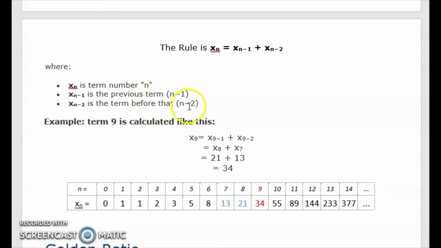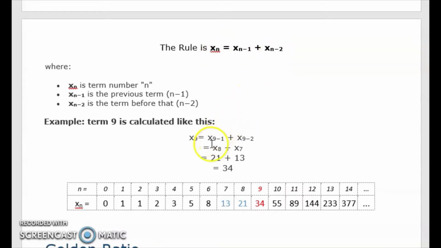Okay? So for example, term 9 is calculated like this. How do we get the ninth term, or x sub 9? By using the substitution method, we will just substitute the values into this formula.